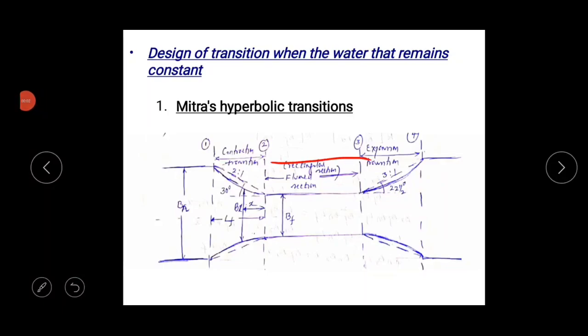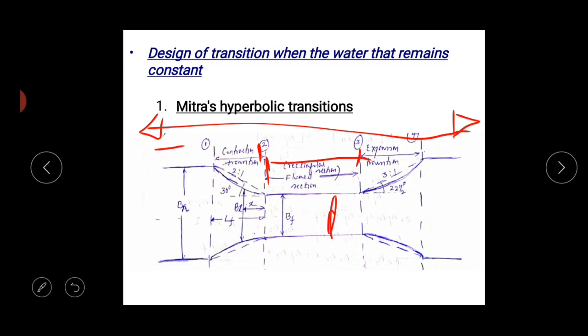So here this is the flumed section, and overall before it was the actual width, but after fluming that base width is being reduced, you can see.